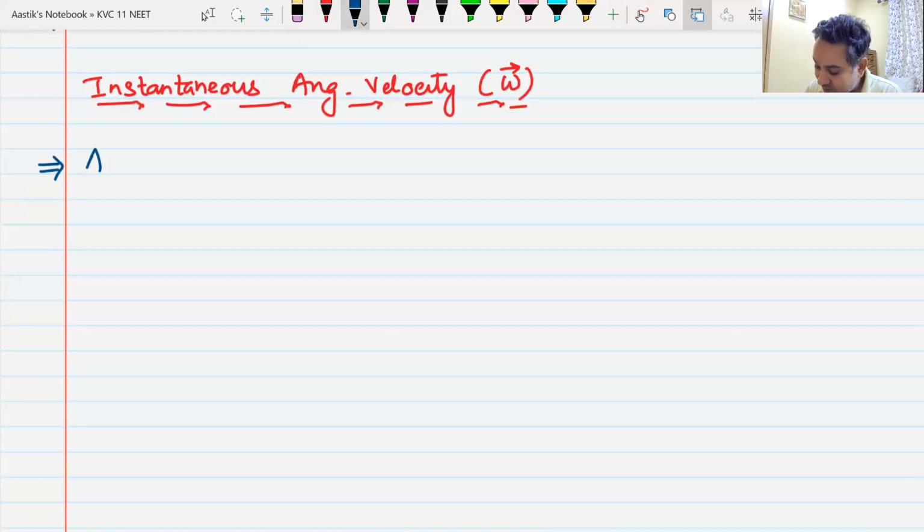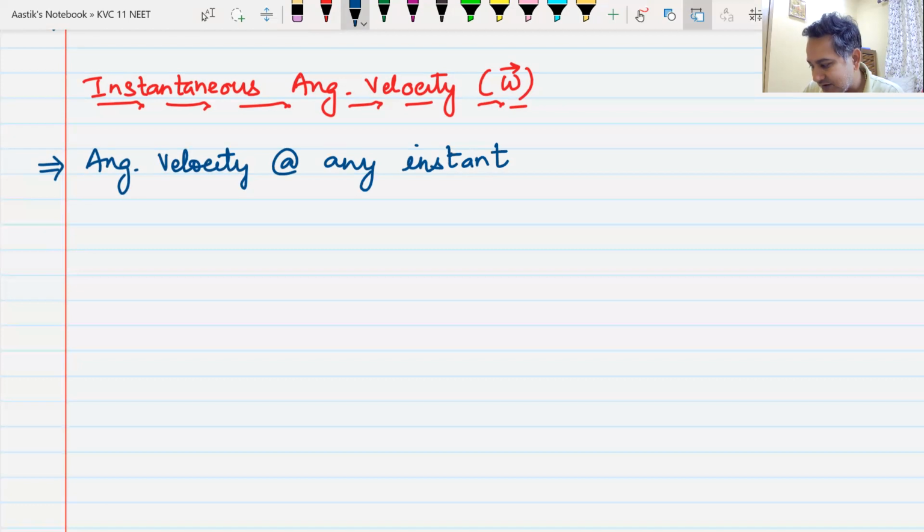This is the angular velocity at any instant. If you want to find out what the angular velocity is right now, that is known as your instantaneous angular velocity. How do I find it? It is d theta by dt.